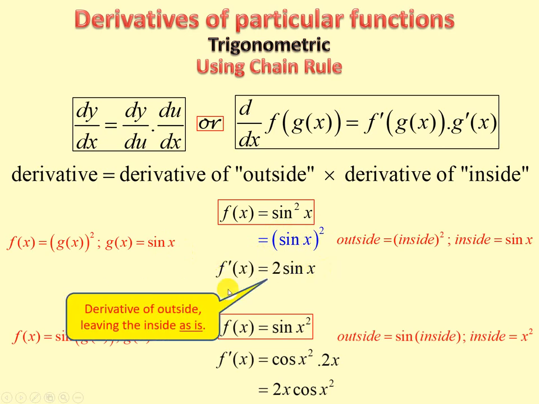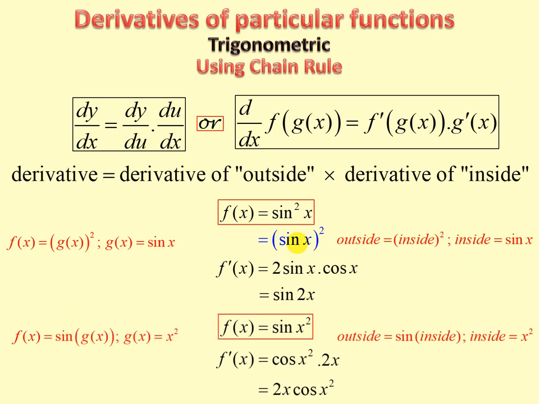There it is there. Derivative outside, leaving the inside as is. Now we have to differentiate the inside, and derivative of sine is cos, so it's times cos. And if you know your double angles, 2 sine cos is sine 2x.